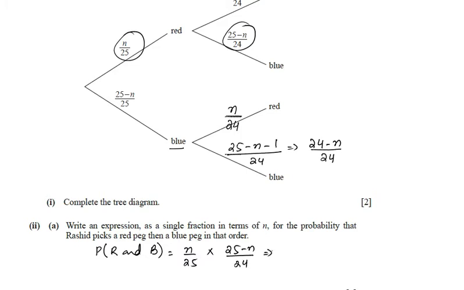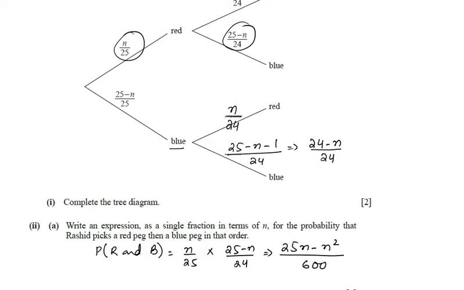Okay, so when we simplify this, as it is a paper 2 question, the calculator is also allowed. You will multiply 25 and 24, so it's 600, and in the numerator you will multiply 25 minus n by n, so it's 25n minus n square upon 600.